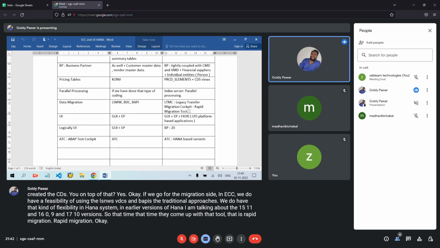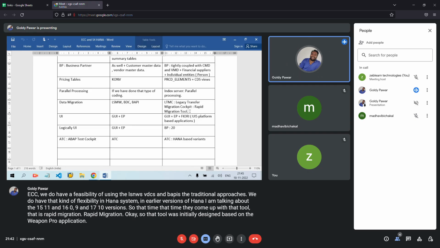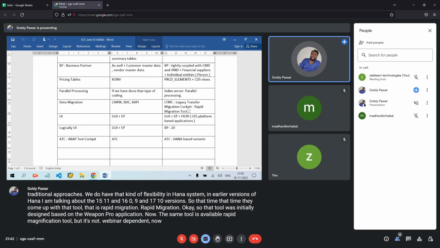That tool was initially designed based on the WebDynpro application. Now the same rapid migration tool is available, but it's not WebDynpro dependent. Now they have designed it in Fiori itself.